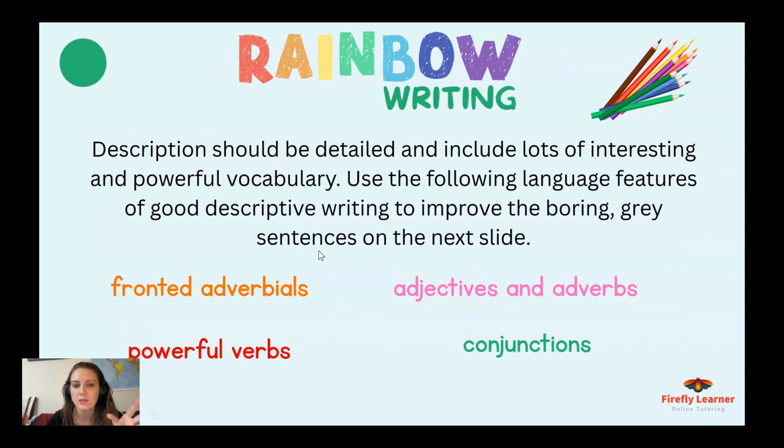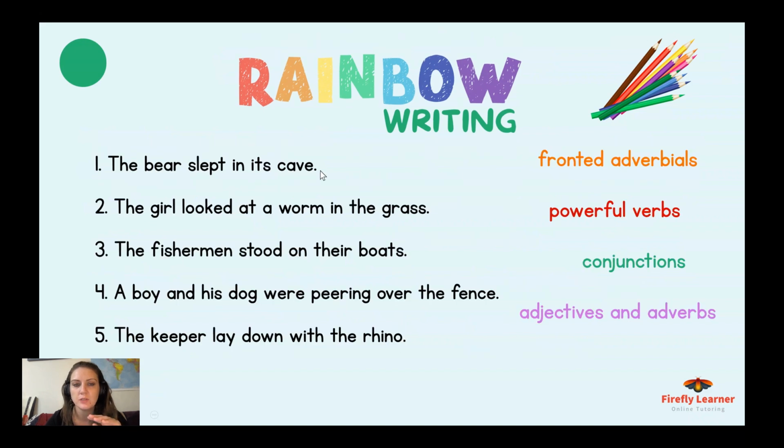So have a little practice now of using fronted adverbials, adjectives and adverbs, powerful verbs, and conjunctions to improve these boring grey sentences. I've given you 5 grey sentences here. I'm calling them grey sentences because they're kind of dull and boring. They don't really include any of these lovely language features of description.